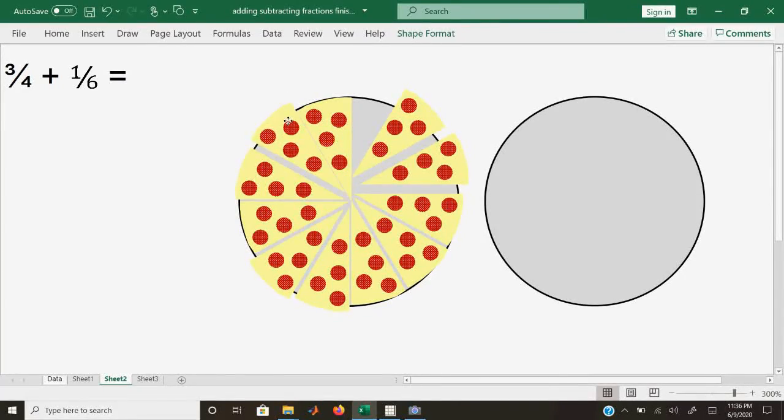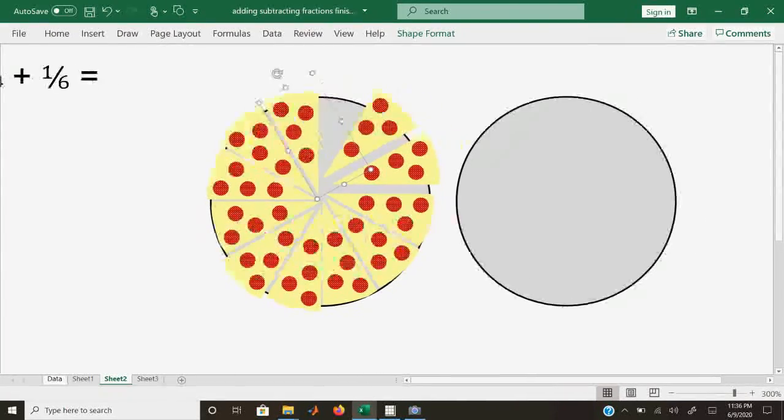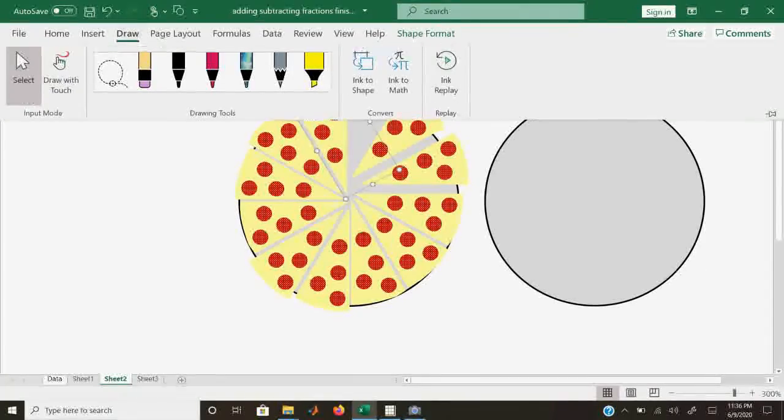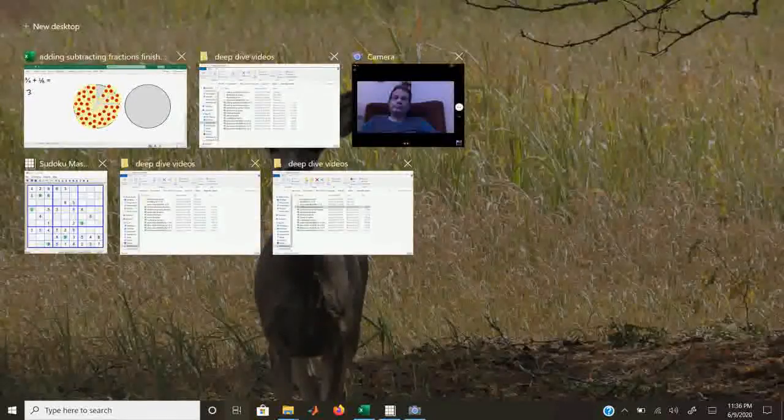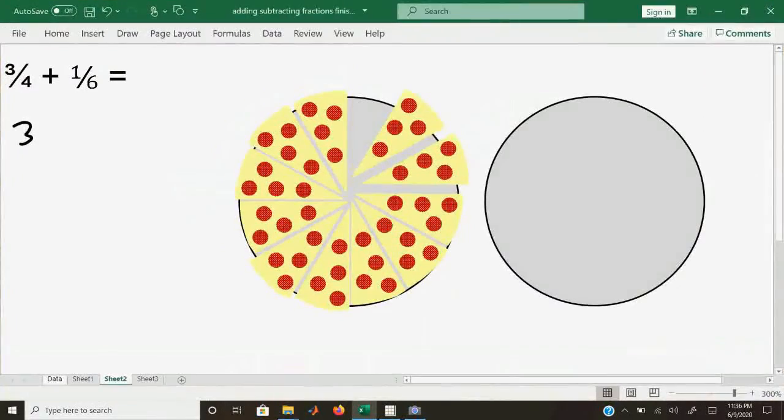Just like we saw before, when we break our 3/4 into 12s, we have to multiply the 4 times 3 to get 12.